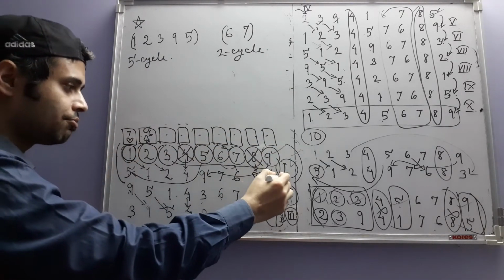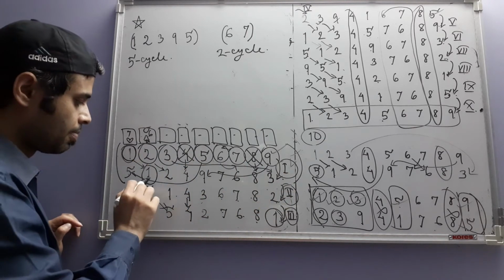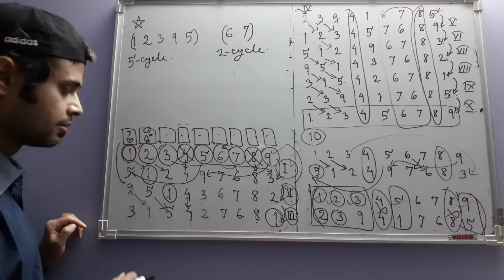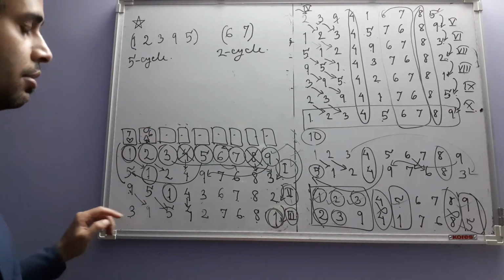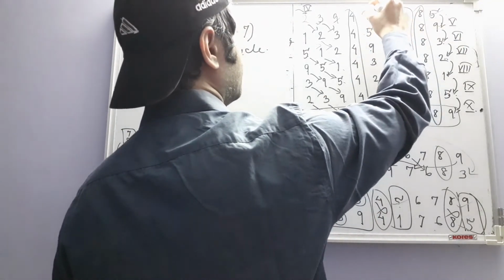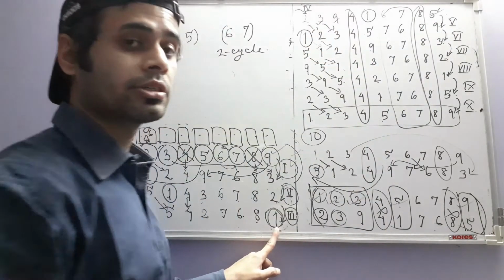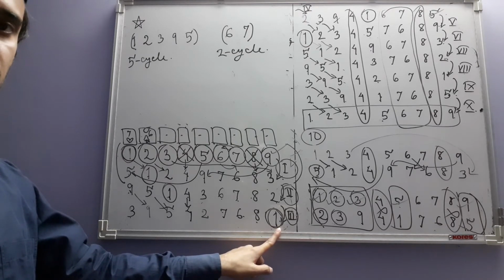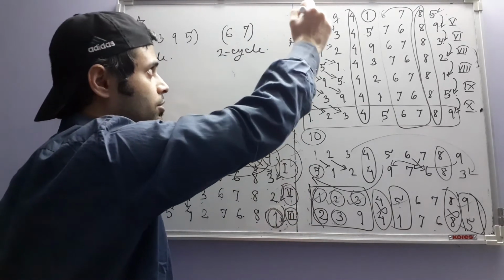When we have applied the shuffling scheme once, it has gone to the 2nd place. After that, it has gone to the 3rd place, right? After that, it has gone to the 9th place. After that, it has gone to the 5th place, and after that it has come back to its original position. How many times did we have to apply the shuffling scheme to do this? 5 times. 1, 2, 3, 4, 5.